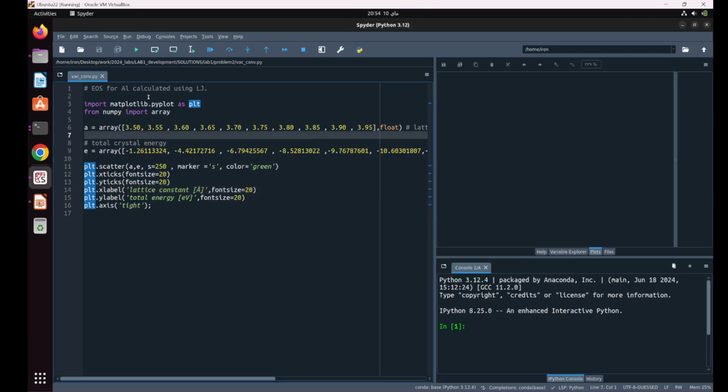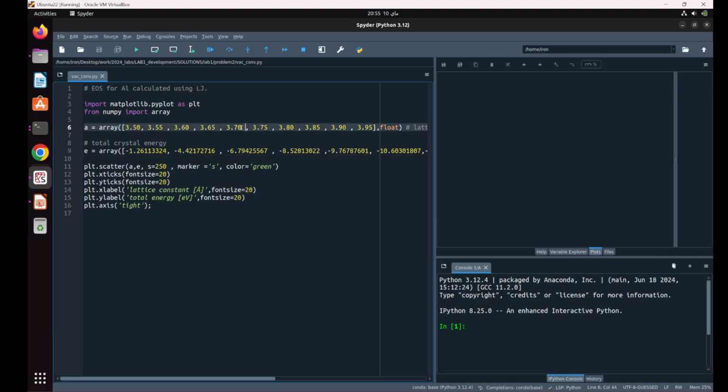The outcome, we summarized it in this Python script, which we can also upload and make accessible in the description of the video. So we actually surveyed the lattice parameters from 3.5 all the way to 3.95 in steps of 0.05. And then we calculated the corresponding energy.